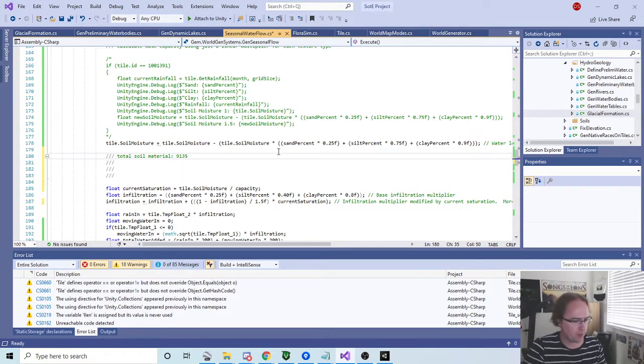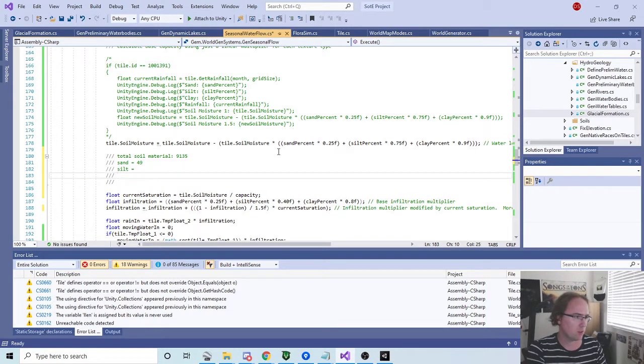Okay. Sand is 49%. Silt, 3327 divided by 9135, 36%.